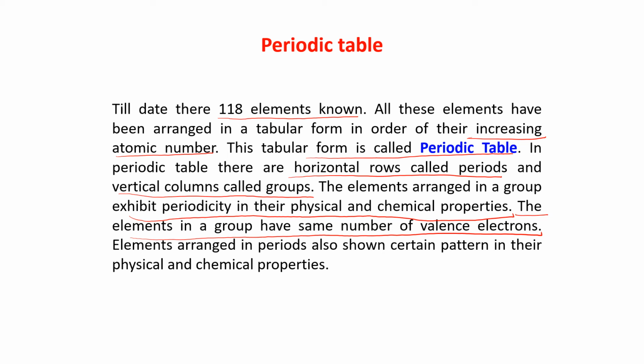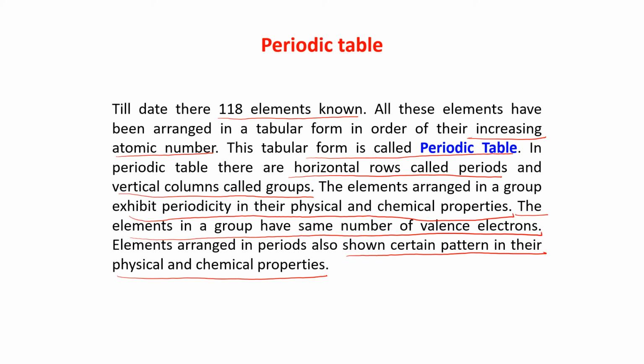Elements arranged in periods also show certain pattern in their physical and chemical properties. Now in this class, knowing up to this much is enough, because periodic table is a separate chapter. You will study about periodic table when you go to standard 9 and 10 also.